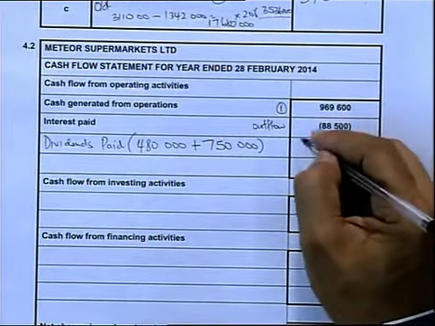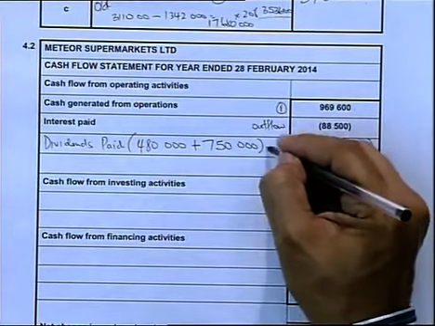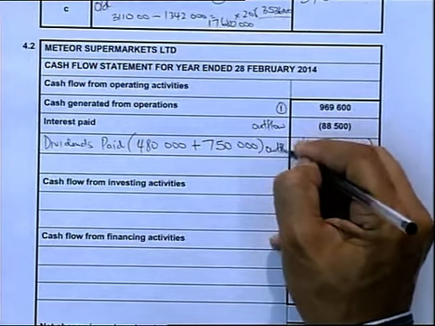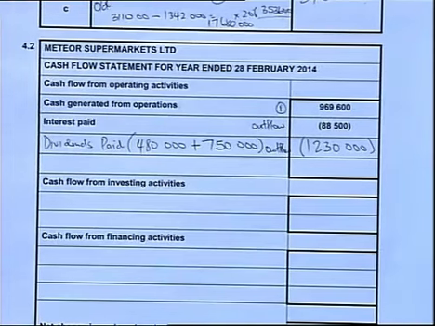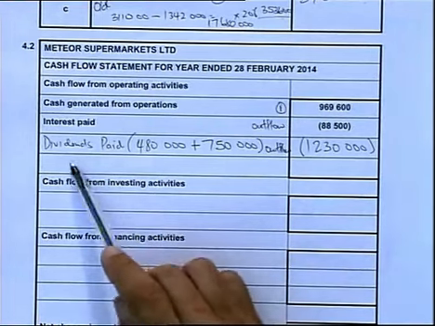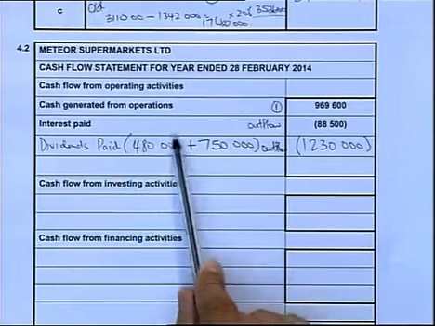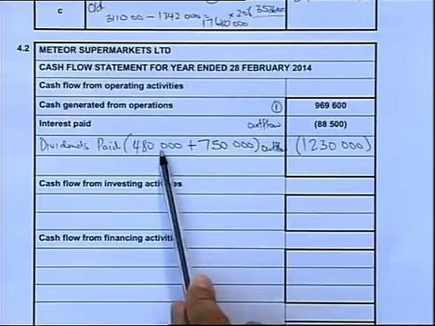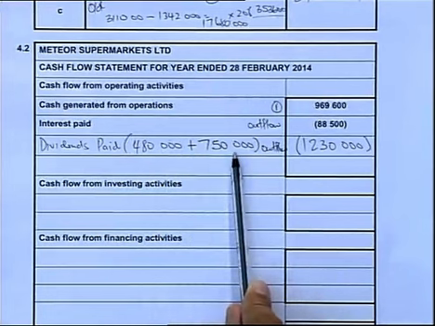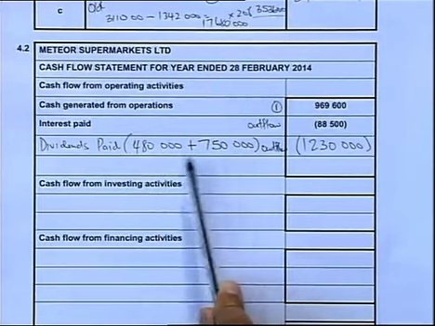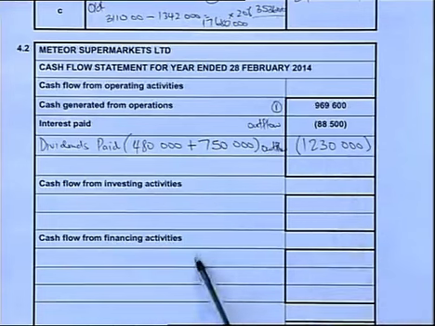Very important, you need to indicate that it's an outflow, and you have to put the amount of 1,230,000 in brackets, and that's the total for the dividends. Just once again quickly, the dividends paid will be the opening balance, which means last year's closing balance, 480, plus the interim dividend of 750,000. We just have to add those two to get the amount over there.